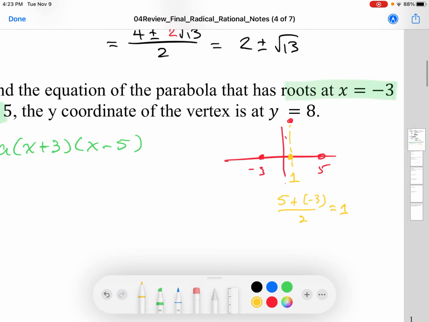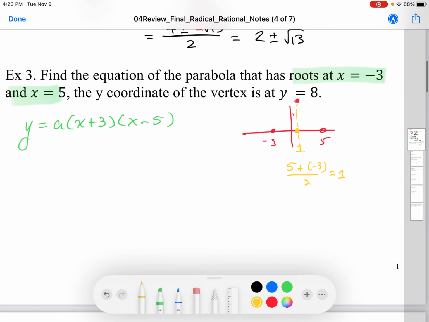So I can plug my vertex in now, and I can find out my a value. So my vertex is going to be at 1 and 8. So I'm going to plug 8 and 1 into my equation. So I end up with a(1 plus 3)(1 minus 5), and then I can solve for a in this equation.